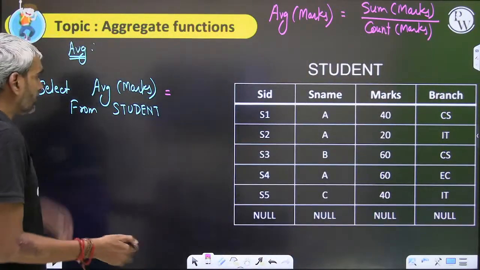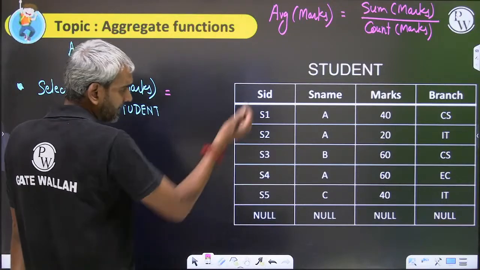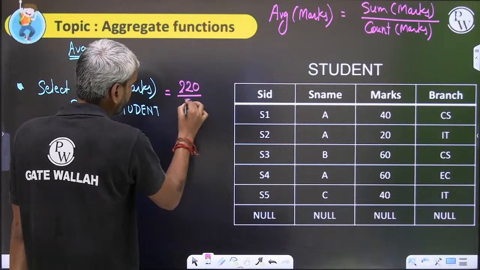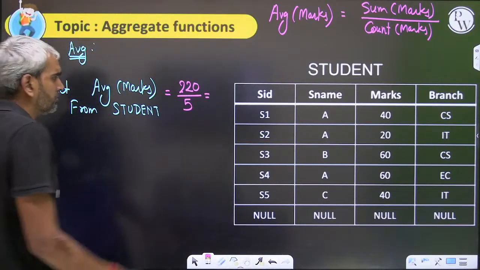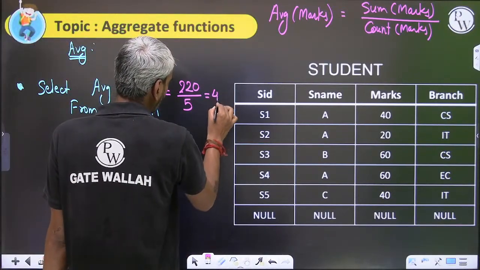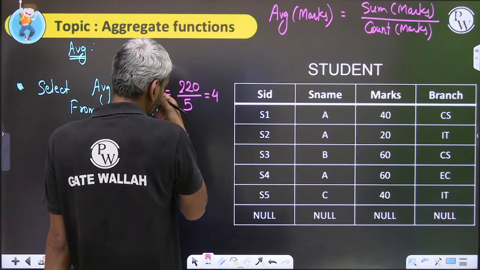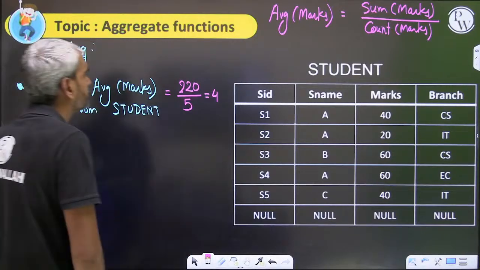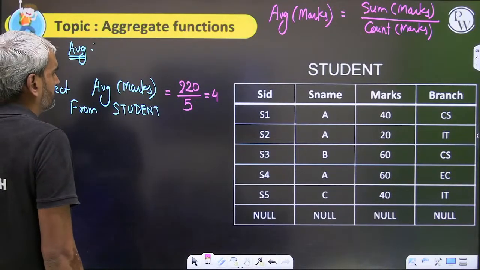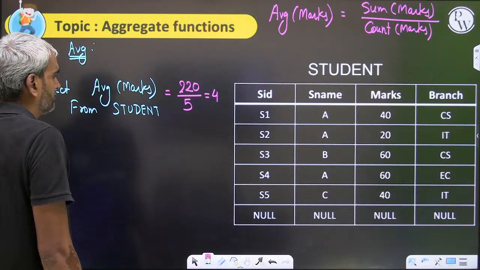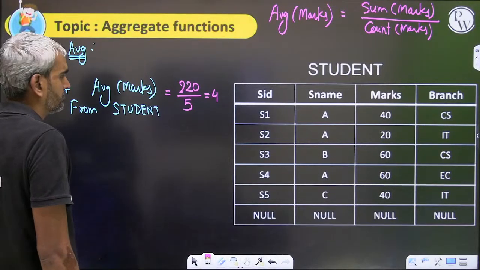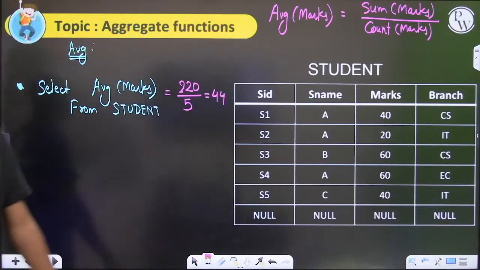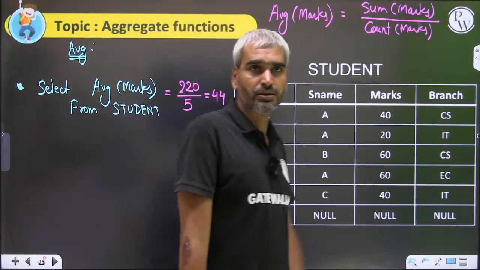The summation of marks is 220 and the count of marks is 5, so this will be 44. Correct.